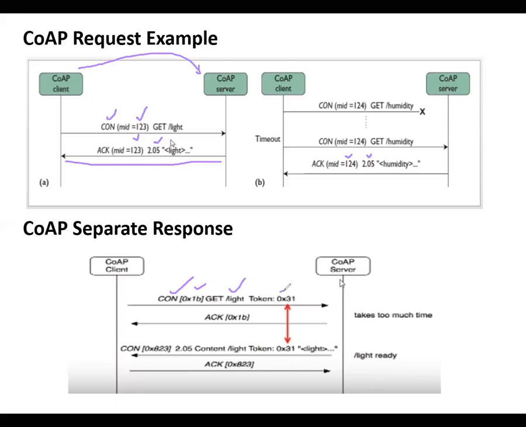And the token is hexadecimal 31. But the server side doesn't have the light value at the moment. The server, for example, is waiting for the sensor. So it will send an empty message with the same ID.